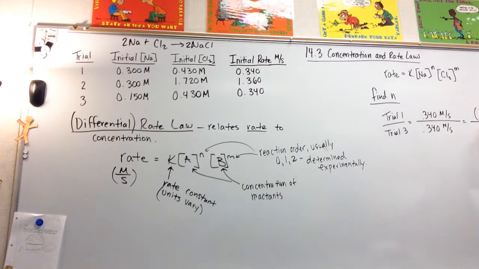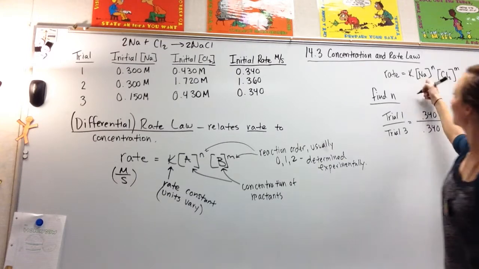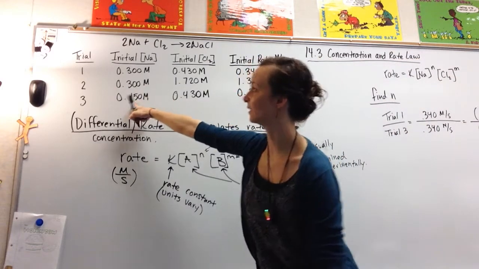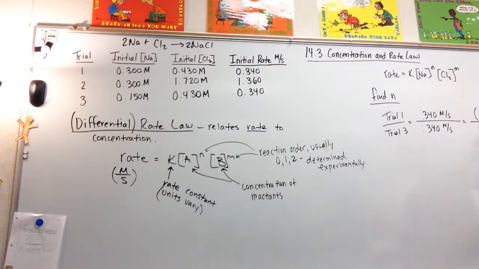And then down here at trial 3, the concentration of Na is 0.15 to the N power, and Cl doesn't change, it's still 0.43 to the M power. And now we're going to solve for N. I'll let you finish copying this.